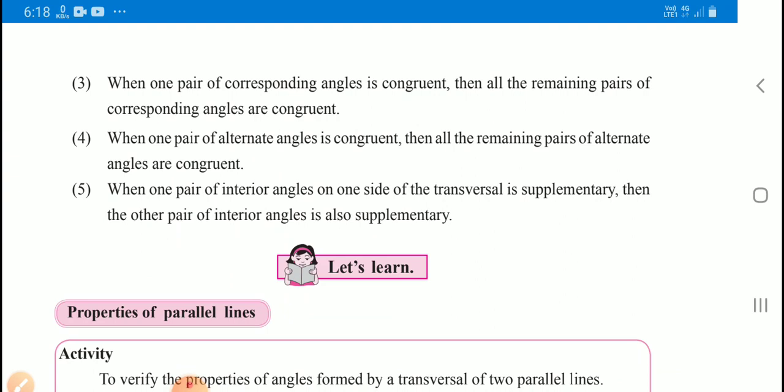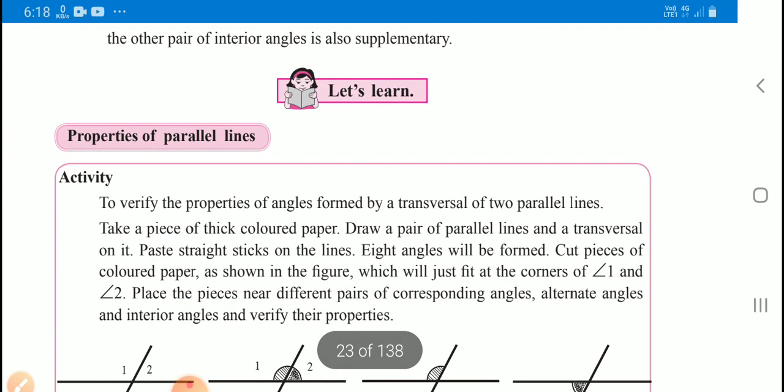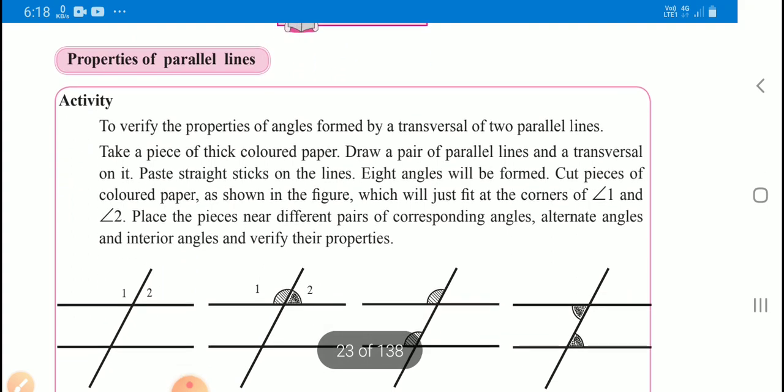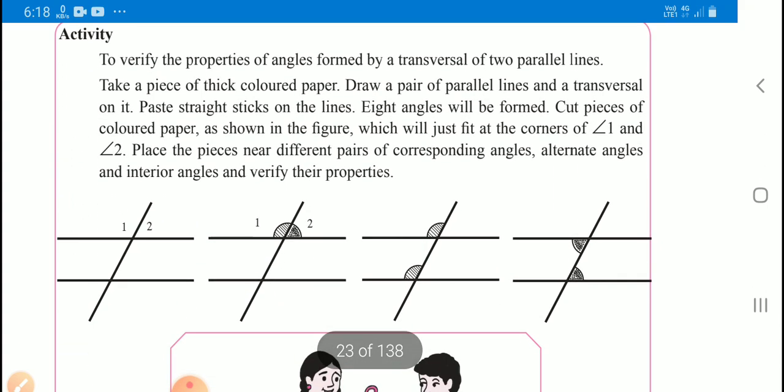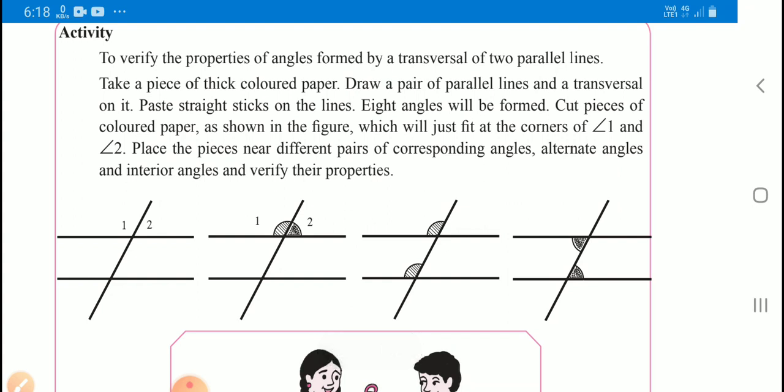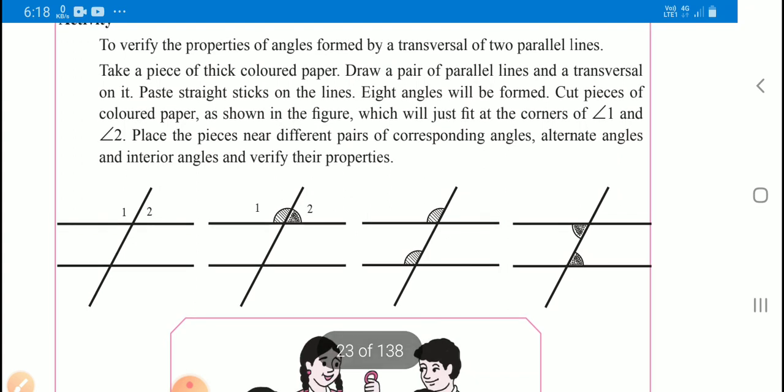Okay. Now let us learn about the properties of parallel lines. Here they have given one activity. You have to write this activity in your notebook. To verify the properties of angles formed by a transversal of two parallel lines, take a piece of thick colored paper, draw a pair of parallel lines and a transversal on it, and paste straight sticks on the lines. 8 angles will be formed, that we had seen above.